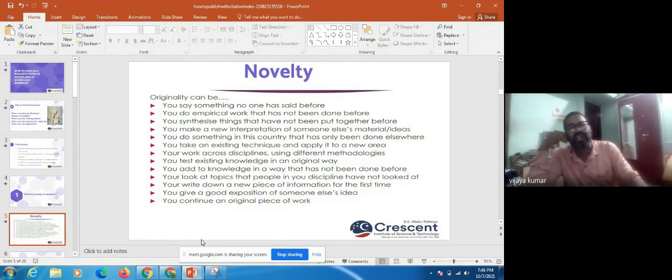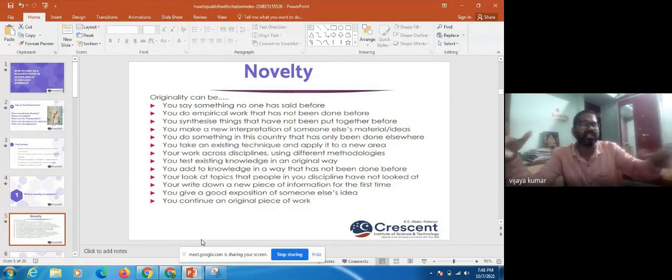You are reinventing the wheel. It is sure shot the reviewer is going to reject your paper, because that work is not novel. So you should always do something unexpected in terms of clubbing scientific theories. That is the third way to achieve novelty.